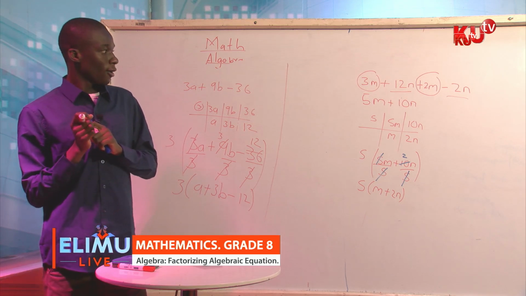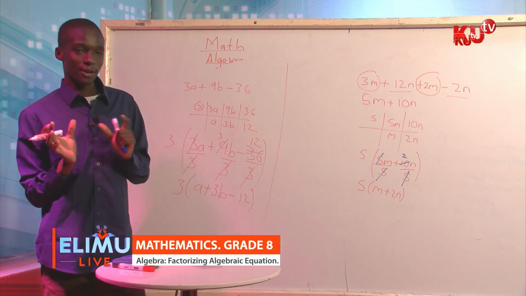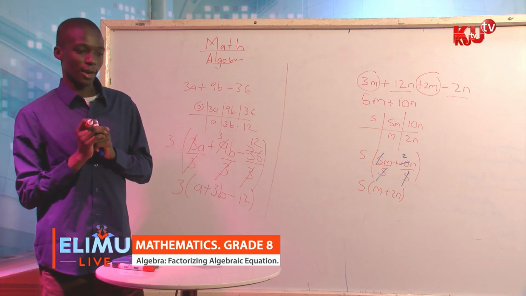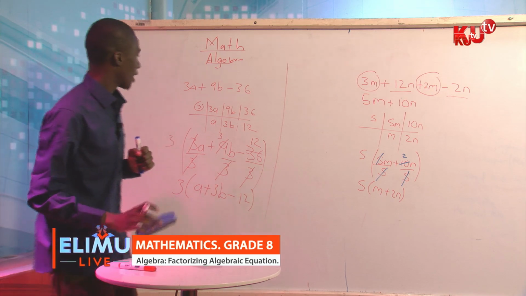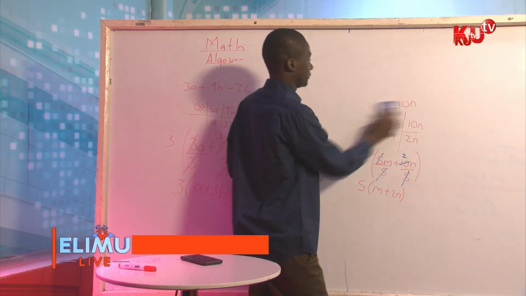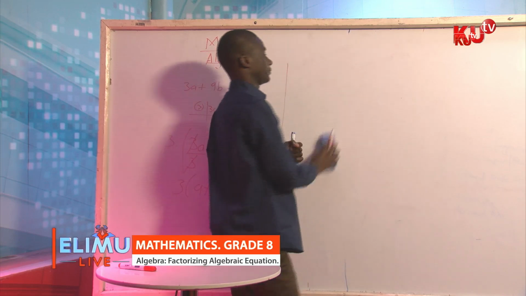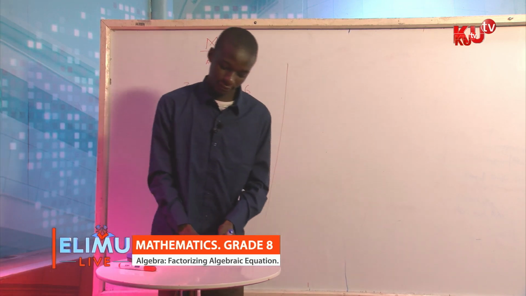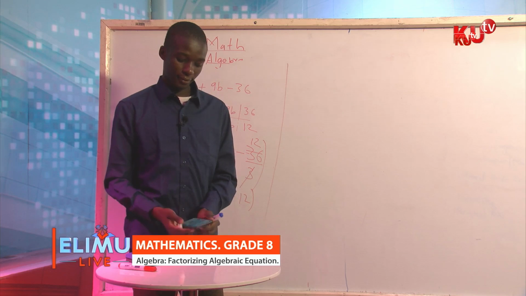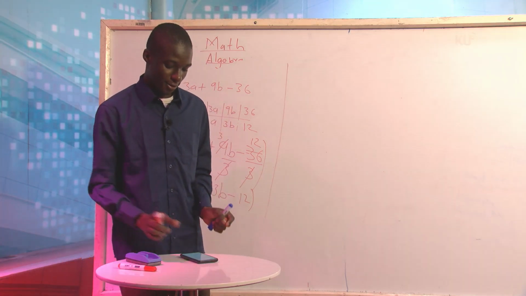So factorization of algebraic expressions with 4 terms is a little bit different from the first 2 cases which we have been looking at. In this case, I'm going to use 2 examples.